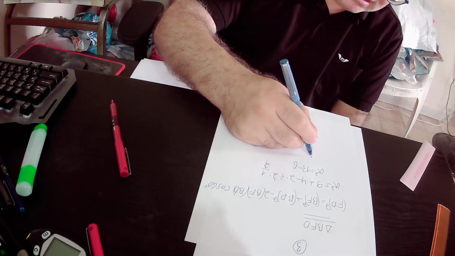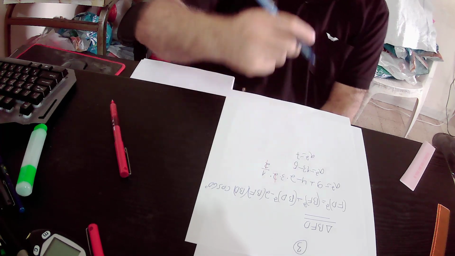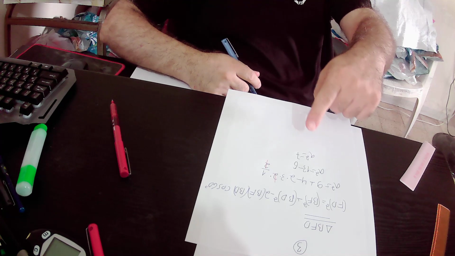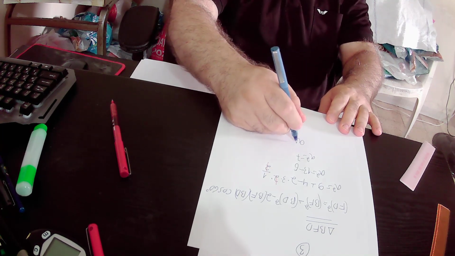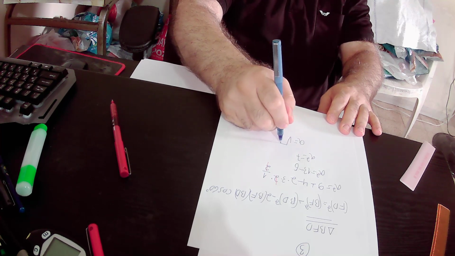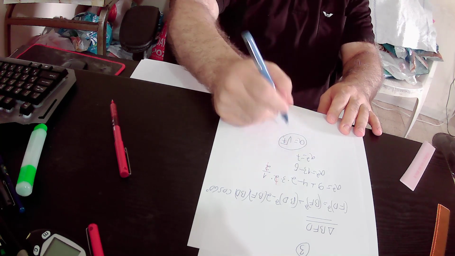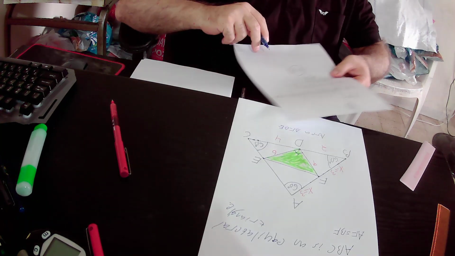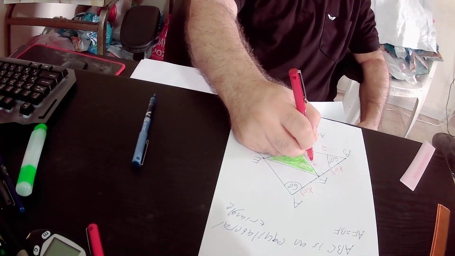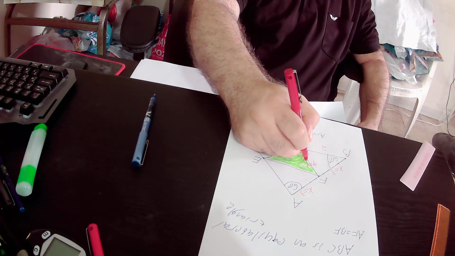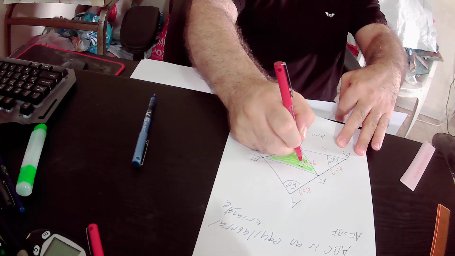So A squared equals 7. We take the root of this equality and we get that A equals root of 7 units. So the value of A is root of 7 units.